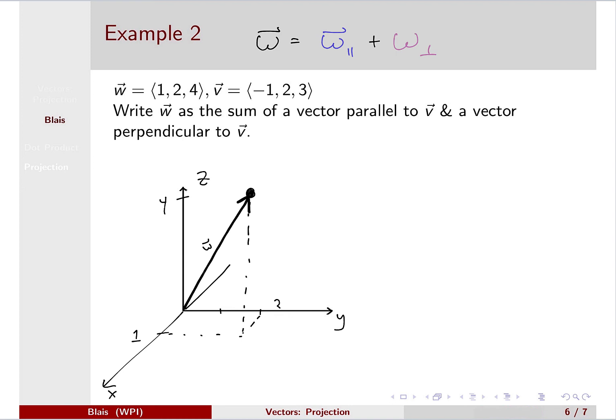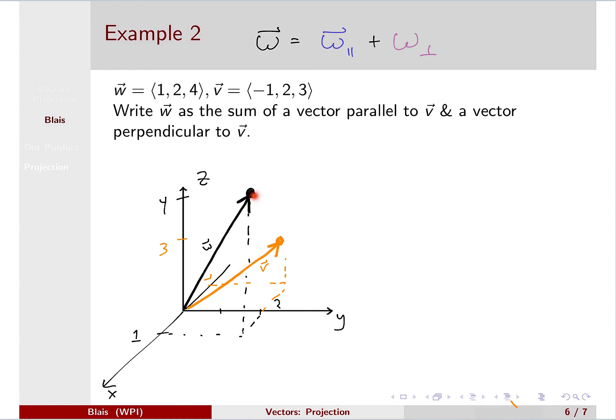And then we depict v as the position vector of the point -1, 2, 3. So we have this point here. And so our vector v would point from the origin to that point -1, 2, 3.